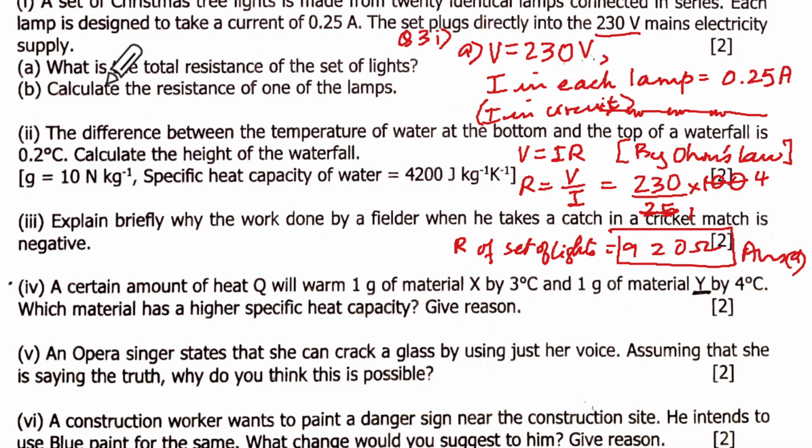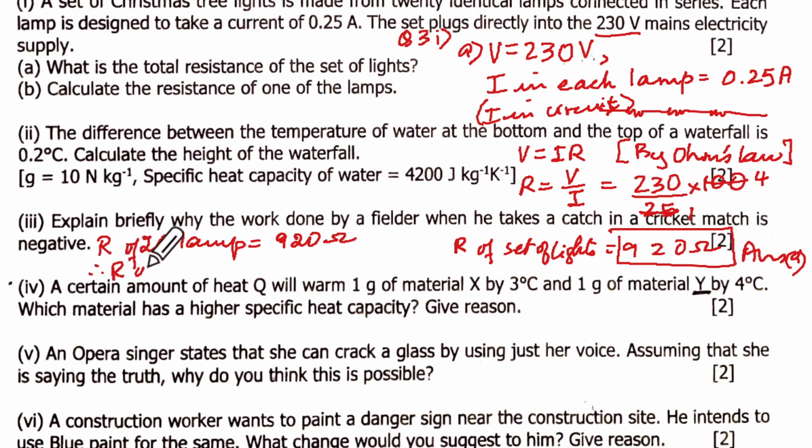Now they say calculate the resistance of one of the lamps. So resistance of how many lamps are there? 20 lamps. Resistance of 20 lamps is equal to 920 ohms.